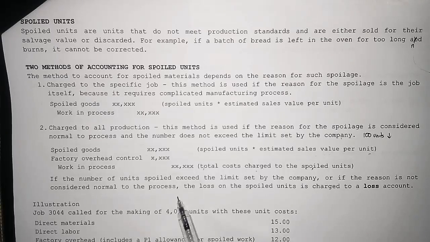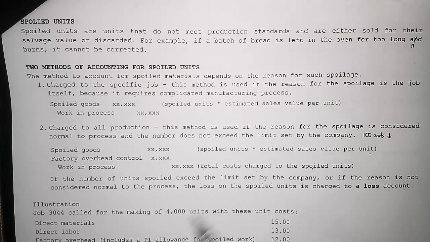Hindi na siya ma-consider as normal spoilage. Abnormal spoilage na yon, and ise-charge na natin siya sa loss account. O kaya naman, kapag hindi na normal sa process, still i-charge natin siya sa loss account.